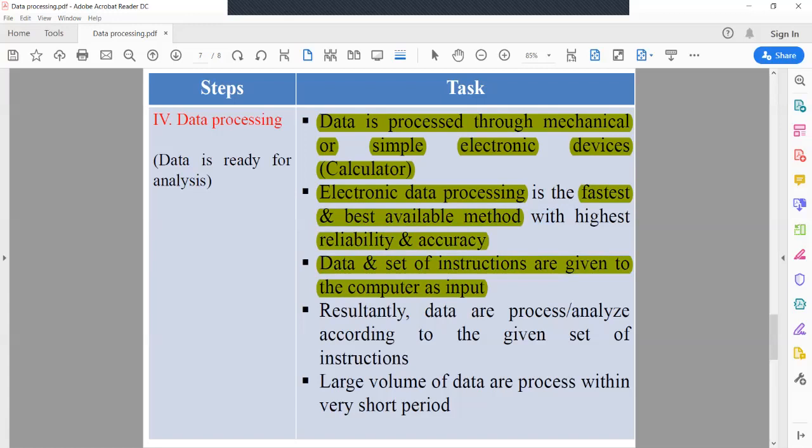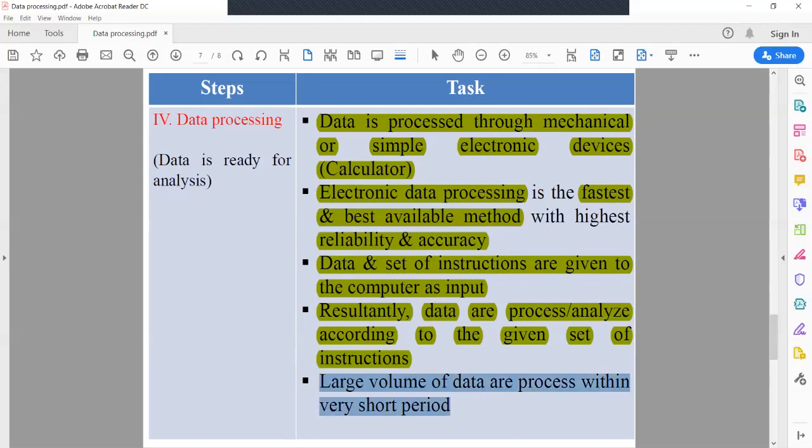Resultantly, data are processed and analyzed according to the given set of instructions. So data is always analyzed by utilizing various sets of instructions, rules or procedures, and a large volume of data is analyzed or processed within a very short period of time.